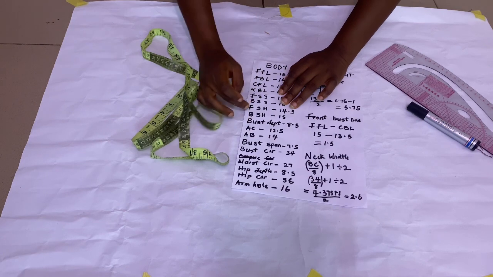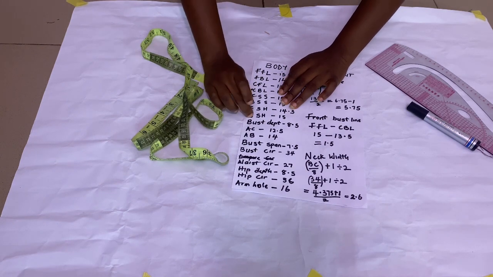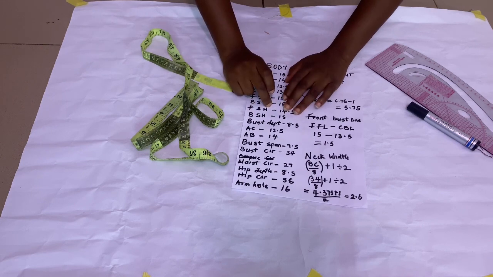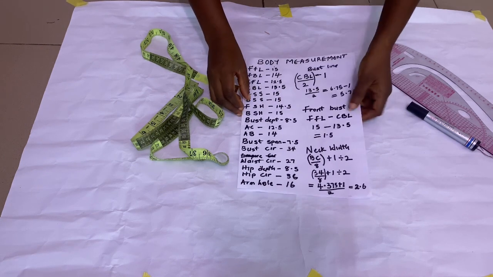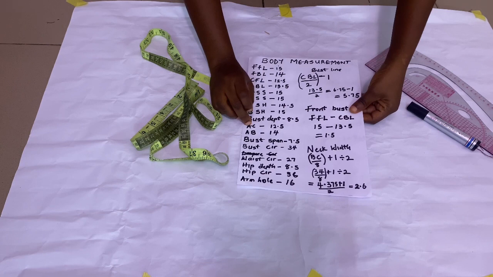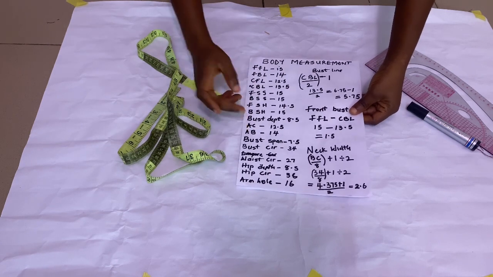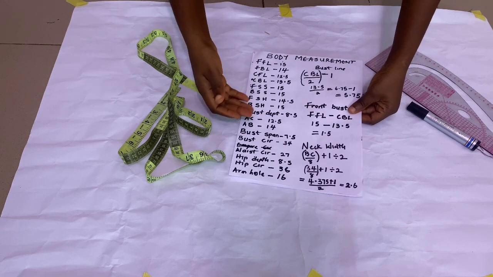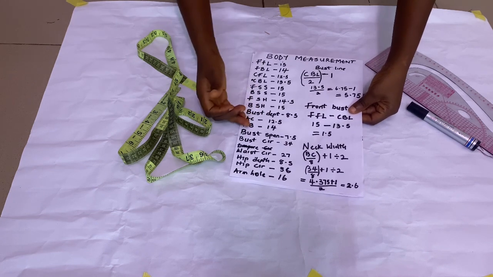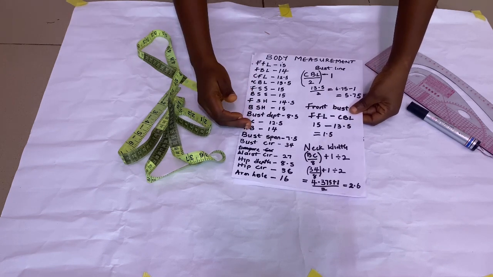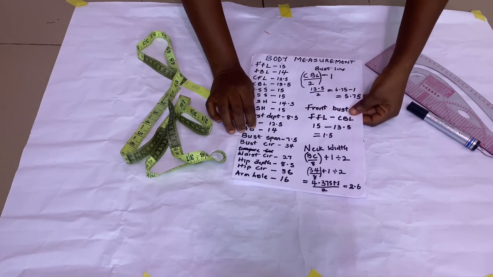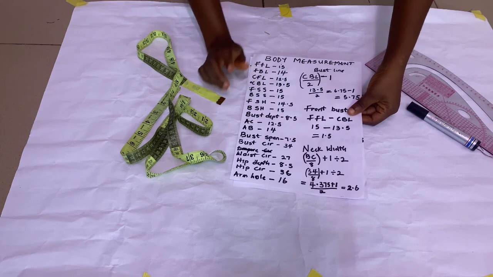While the back shoulder is always bigger than the front shoulder. For the across chest and the across back, it depends. Some people's back might be wider than the front, while for others the front might be wider than the back, so it depends on how the person is.